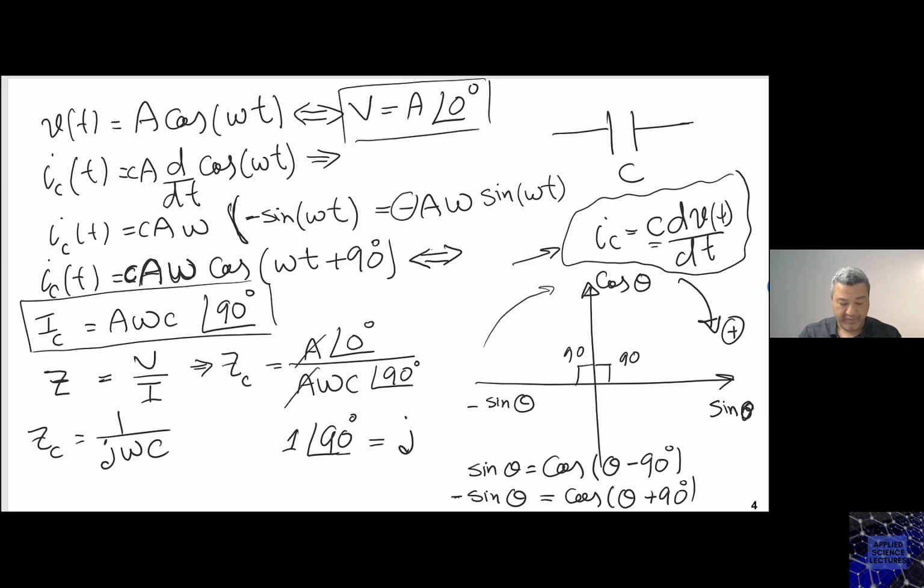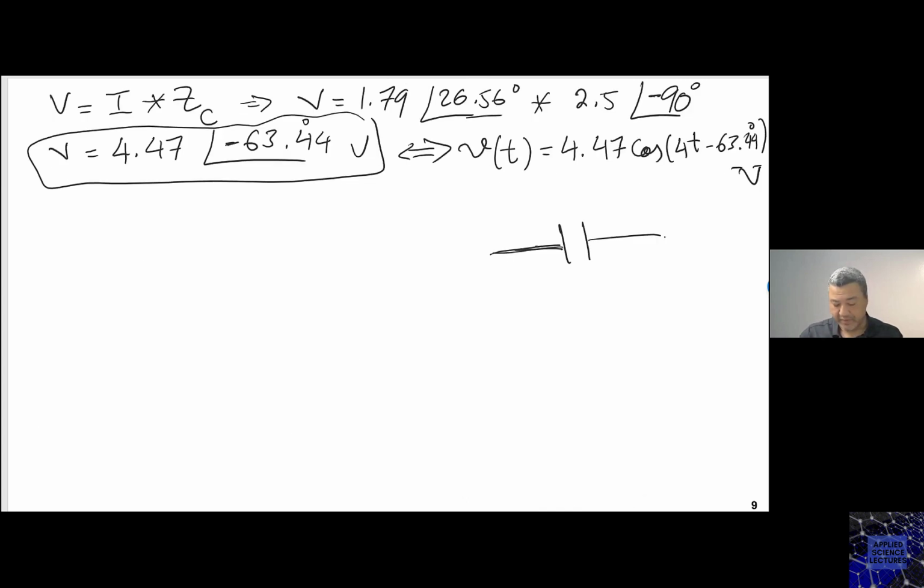So if I assume that the voltage is Vm, let me put this as Vm, phi, then the current would be Vm.